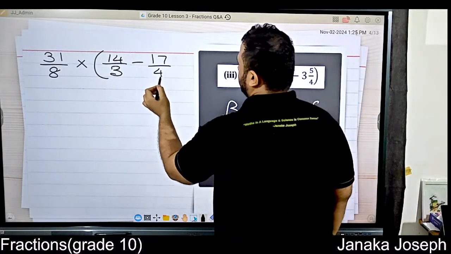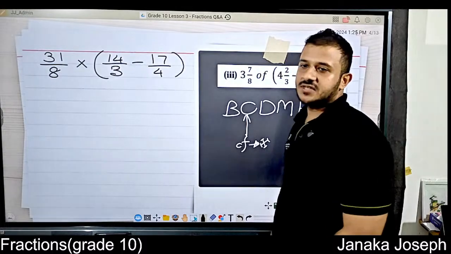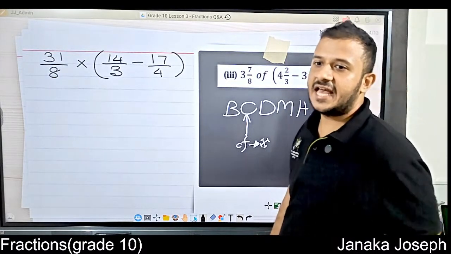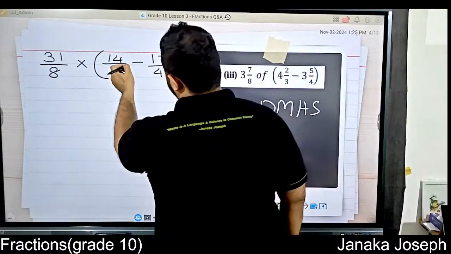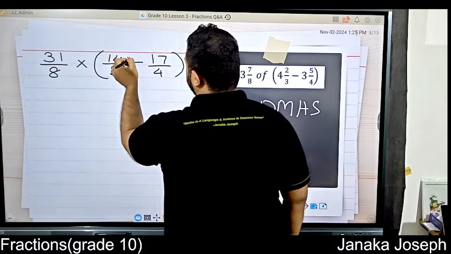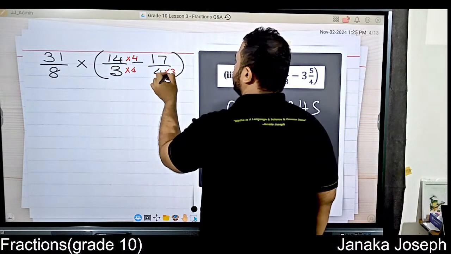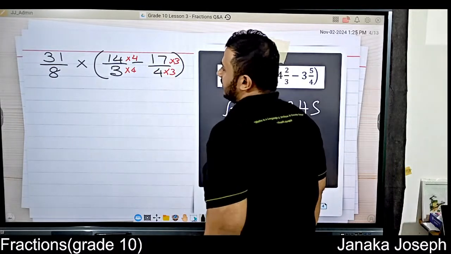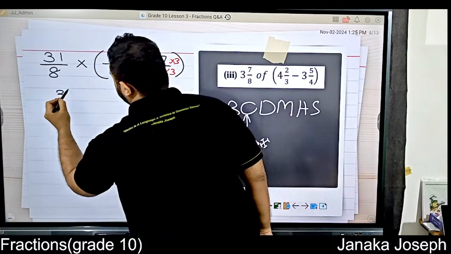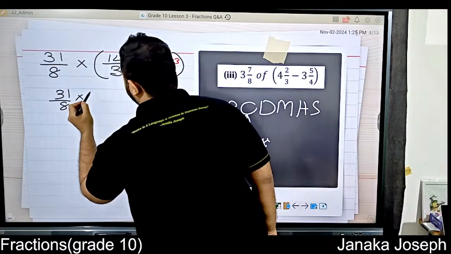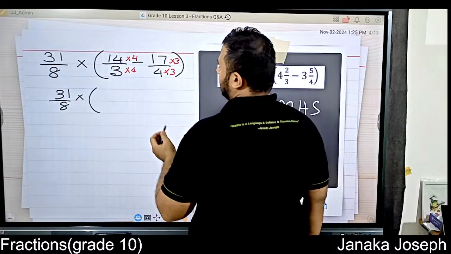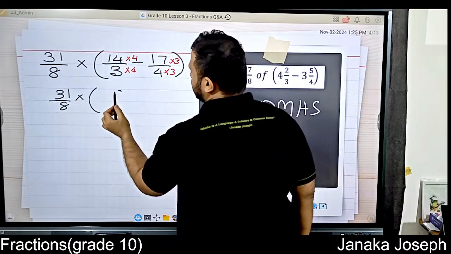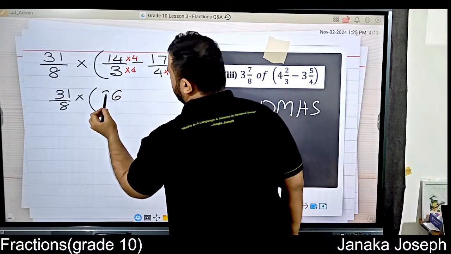17 out of 4. 3 timetables and 4 timetables we all know will meet each other at 12. So we will multiply here by 4, multiply here by 4, multiply here by 3, multiply here by 3. And that will give you 31 out of 8 multiplied by this guy, which is going to be 4 times 4 is 16. 1 comes to the neighbor with a 5.